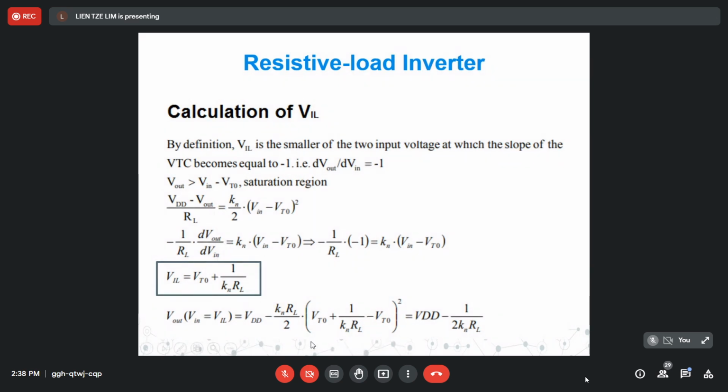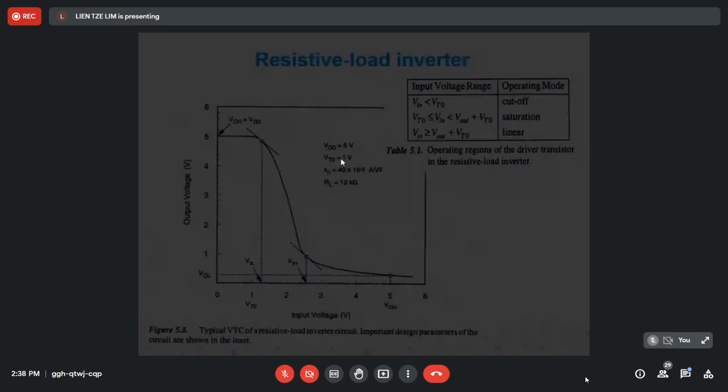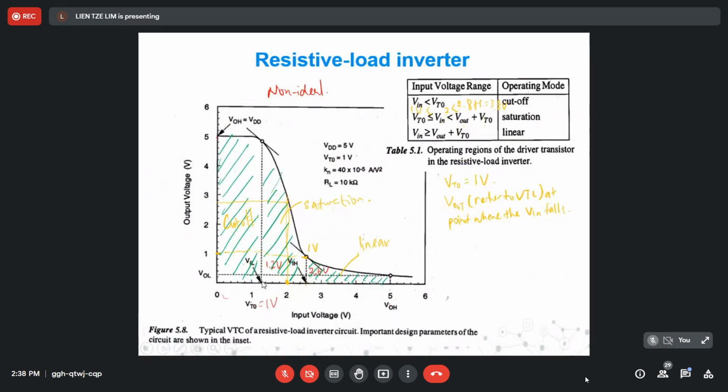And then for the calculations of VIL, when the input is increased, this is when the input is low but above the threshold voltage. When the input is low but above the threshold voltage, we consider it as VIL. Why is that? If you refer to this diagram again, you see that the VIL is above the VTO.